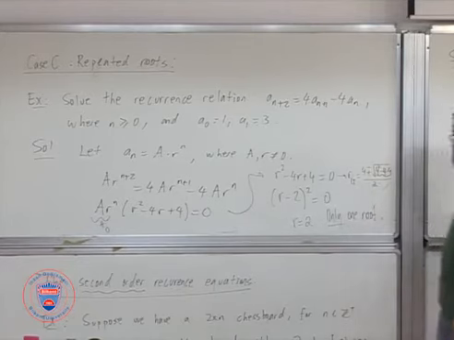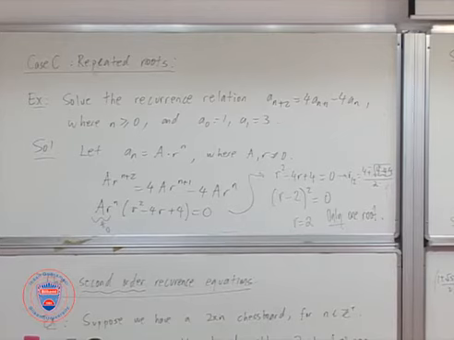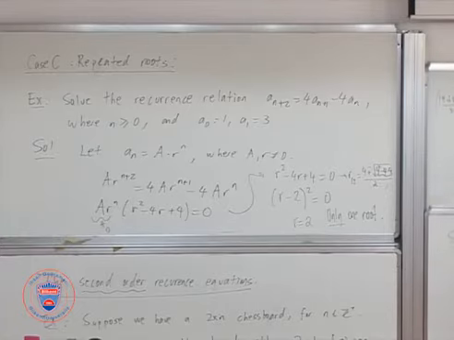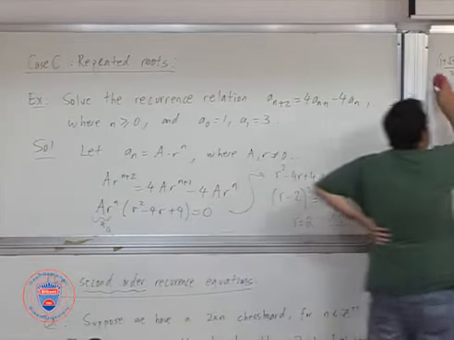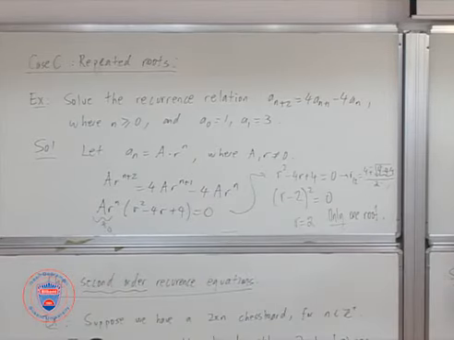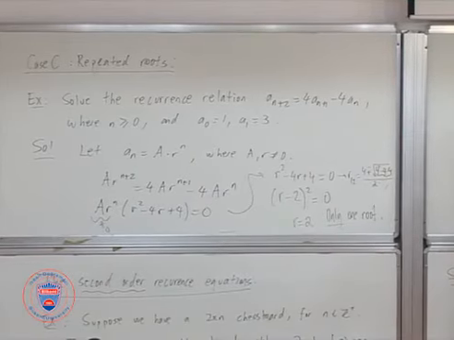So you don't get repeated roots, you have just one root. So what goes wrong with one root? You cannot write the general equation with two unknowns.